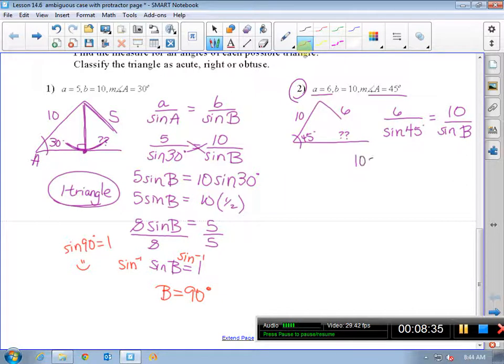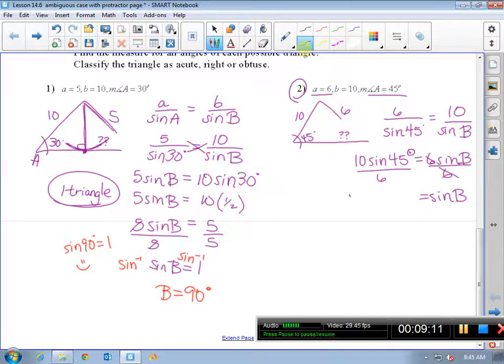Cross multiply. We're going to divide by 6 and have that the sine of B equals, let's put this in our calculator, 10 times the sine of 45, enter, divided by 6, and just do a quick check, make sure you're in degree mode.